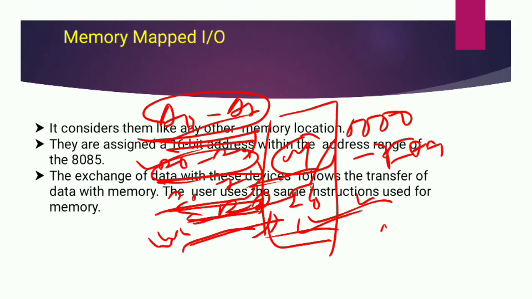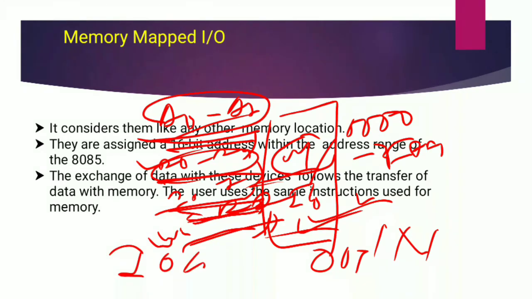No separate IN and OUT instructions are required in the memory mapped I/O scheme. IO/M bar is also not required in memory mapped I/O. Memory instructions, that is processor instructions, are used for both memory and I/O devices.